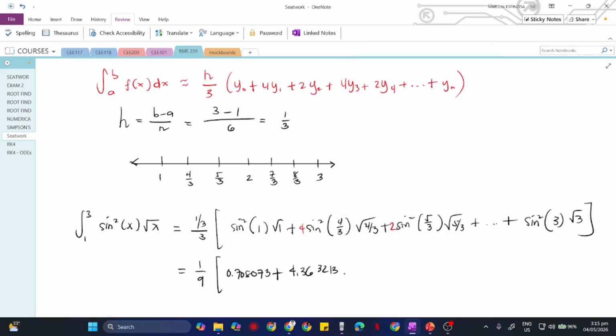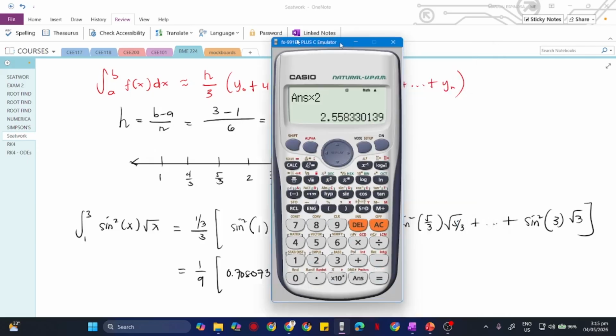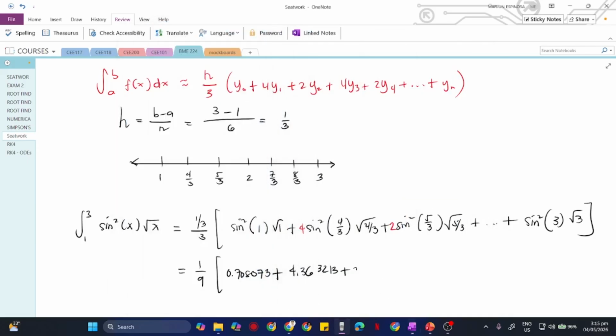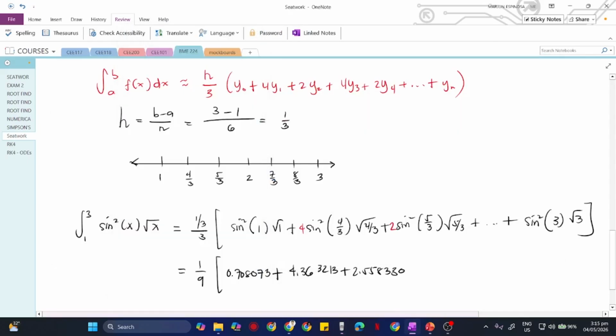Okay, plus, balik tayo ulit doon. Dito, calc 5 divide 3 or 5/3. Then, multiply natin yan by 2. Okay, so we have here 2.558330.